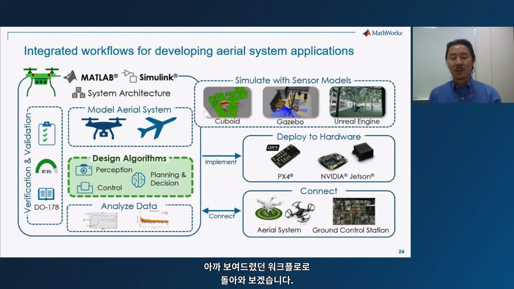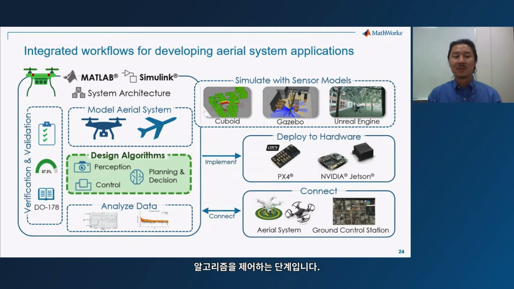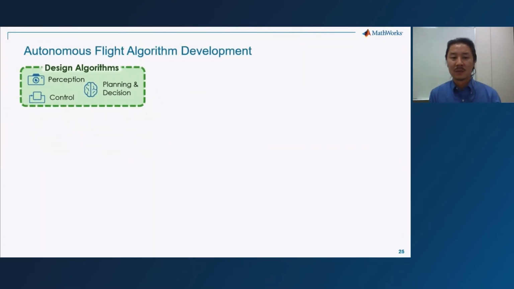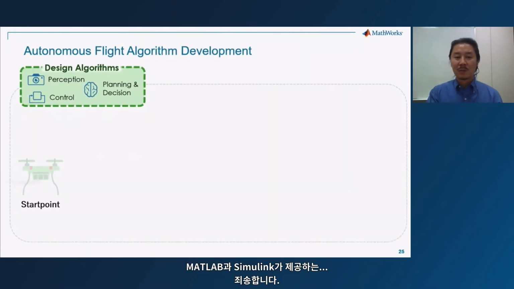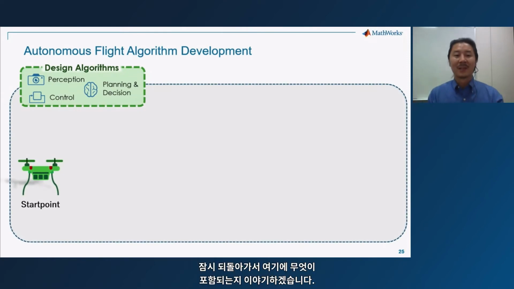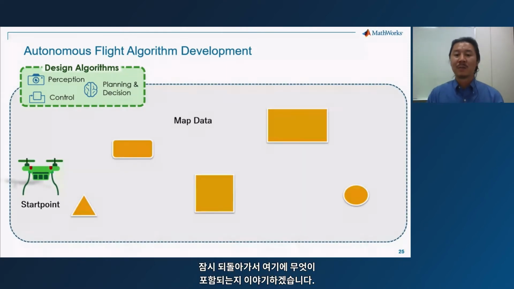So getting back to our workflow over here, this starts off with the design algorithms phase. So this incorporates designing your perception, planning and decision, as well as controls algorithms, right? And MATLAB and Simulink provide, let me step back for a second, and talk about what this encompasses.